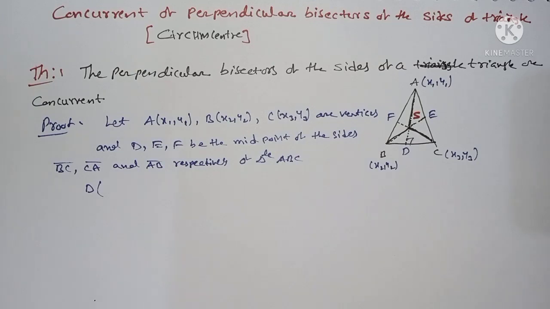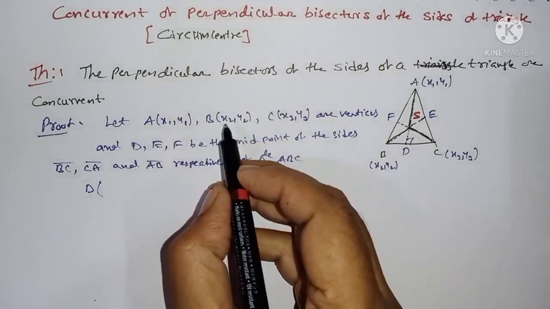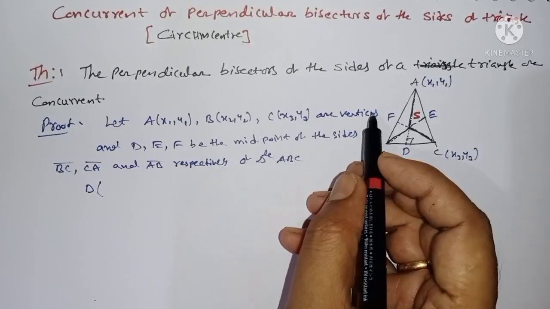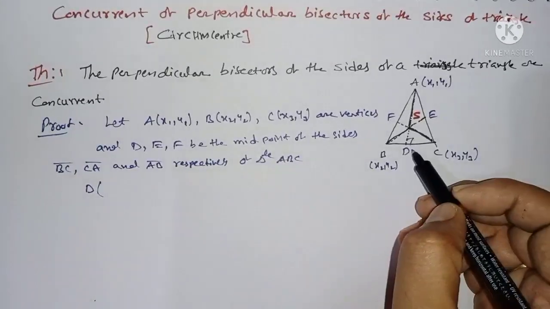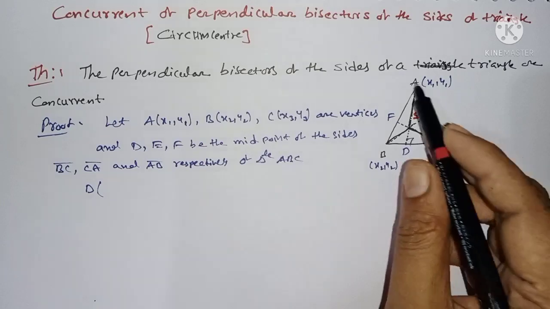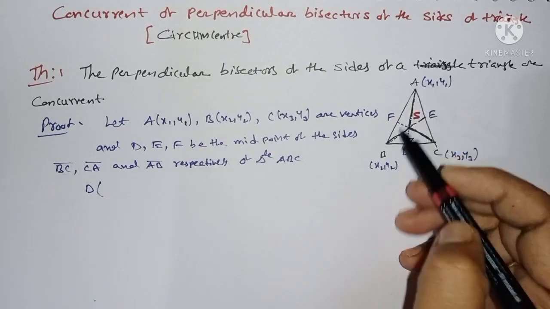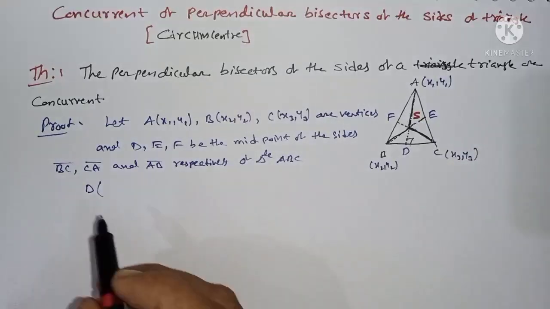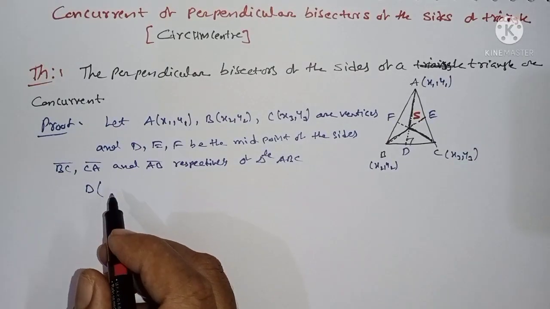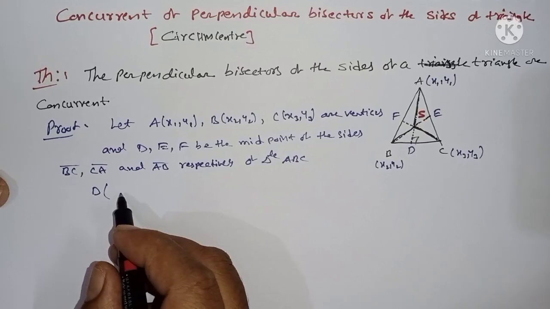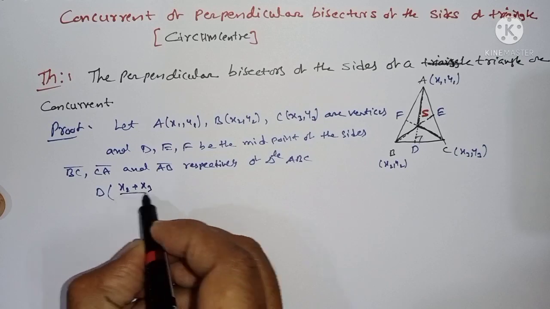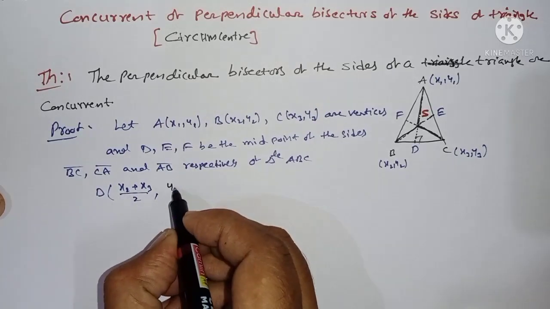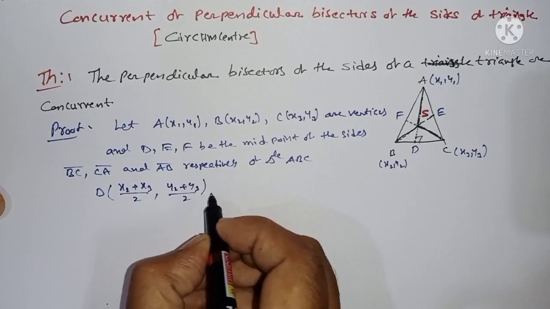Two points are there here. You can observe the proof. Let A(x1, y1), B(x2, y2), C(x3, y3) be the vertices, and D, E, F be the midpoints of the sides. D is the midpoint of BC, E is the midpoint of AC, and F is the midpoint of AB. What is the D point? You can write here ((x2 + x3)/2, (y2 + y3)/2).